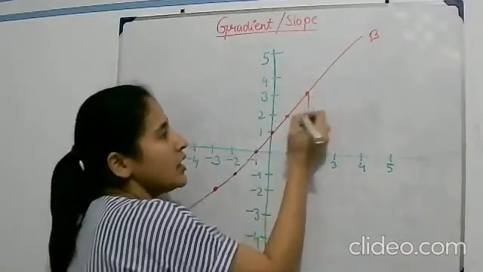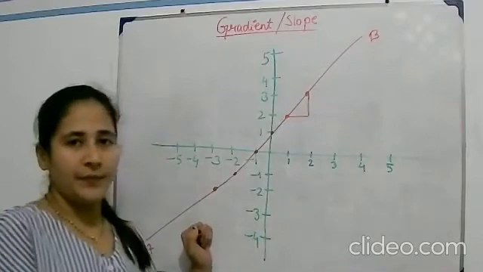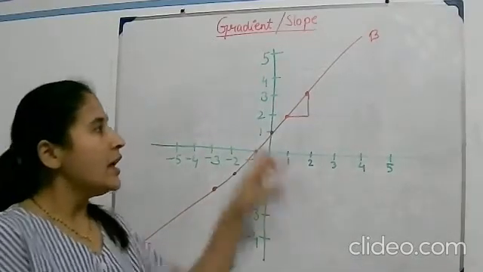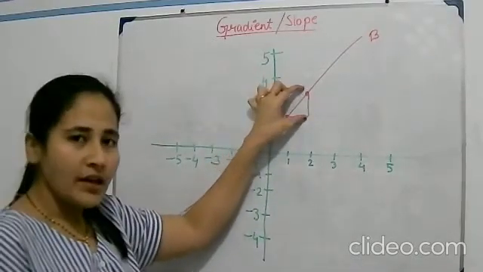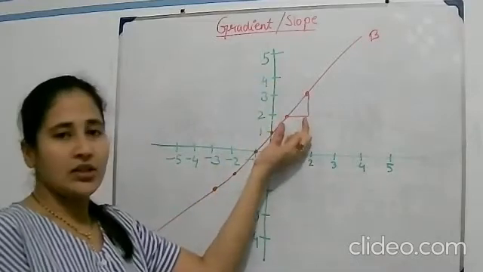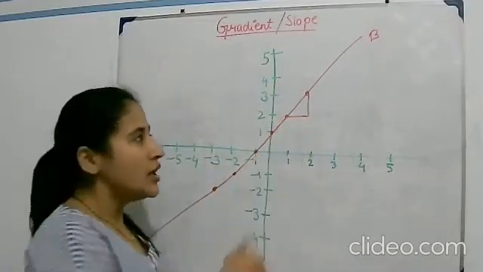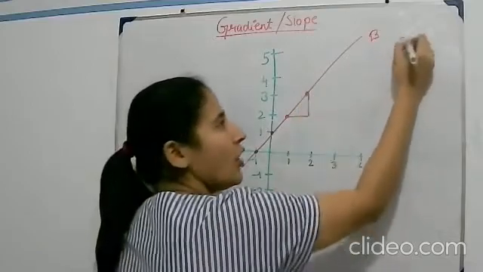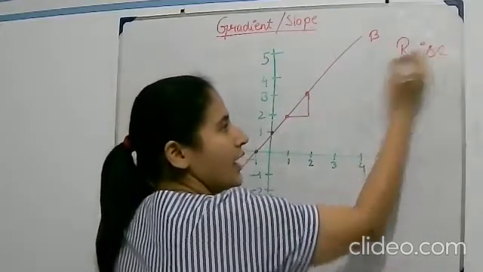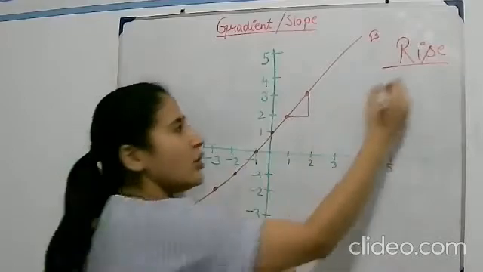Next step is to join these points like this and see what is the change in the y-axis and what is the change in the x-axis. Change in the y-axis we call rise and change in the x-axis we call run.